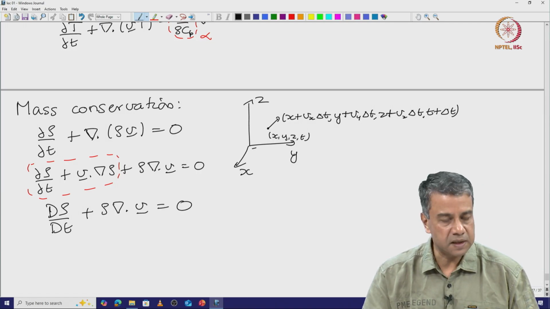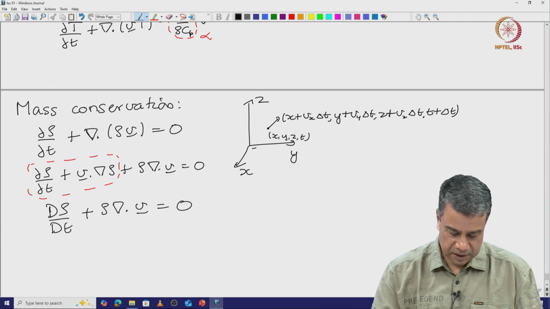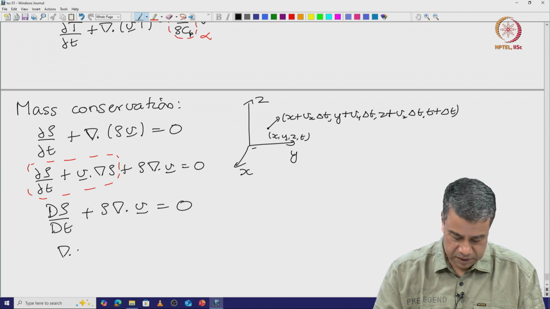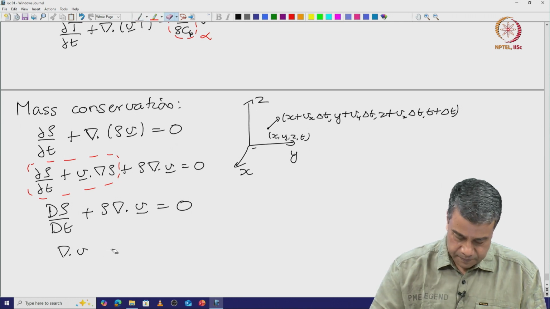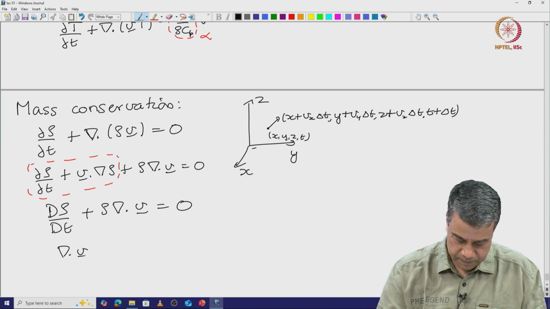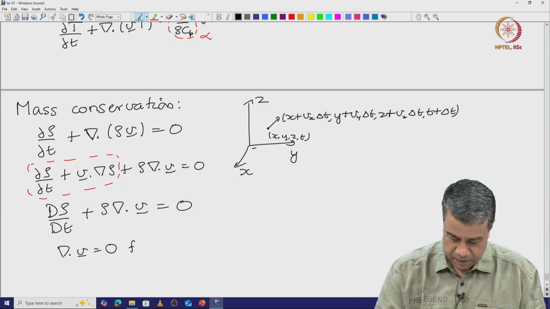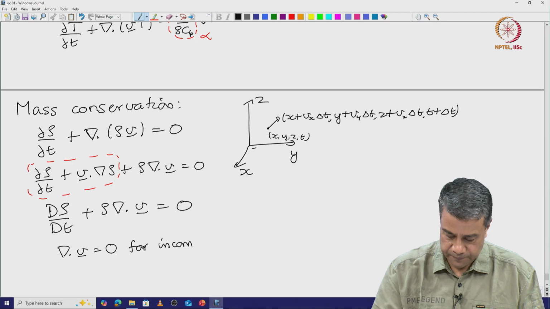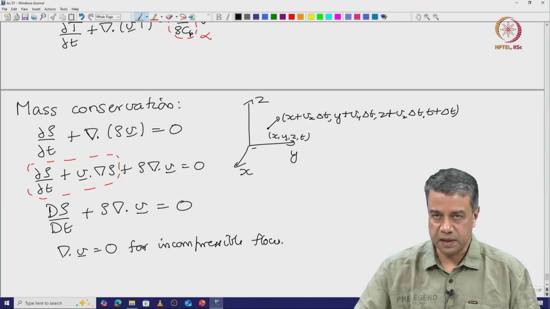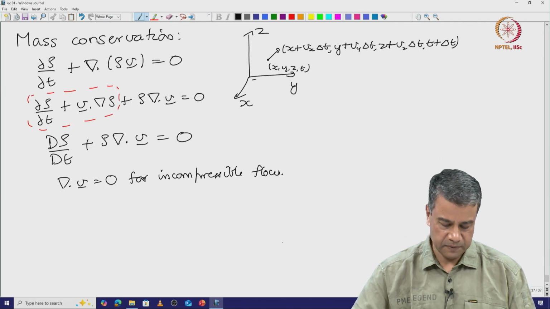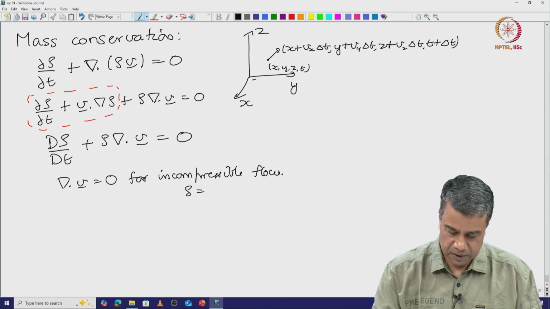And if the density is a constant, then we just get that the divergence of velocity is equal to 0. For incompressible flow, the density is a constant. That is rho is equal to a constant.